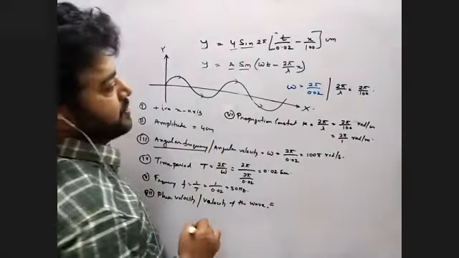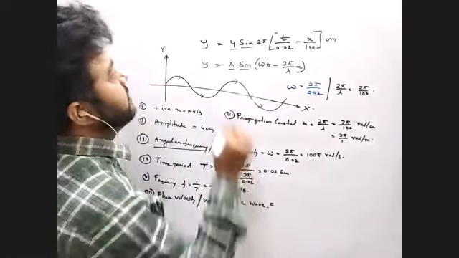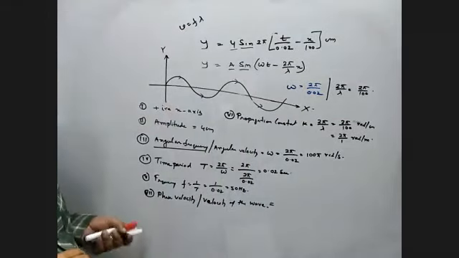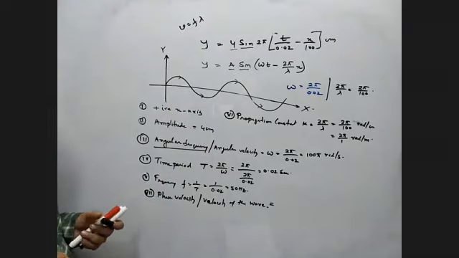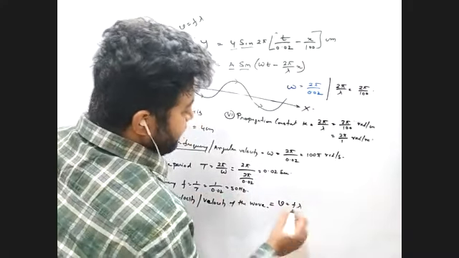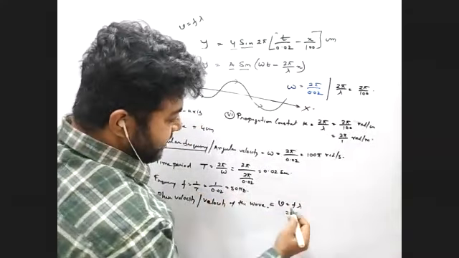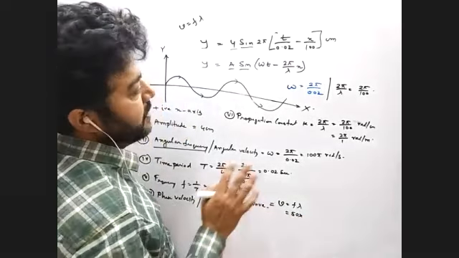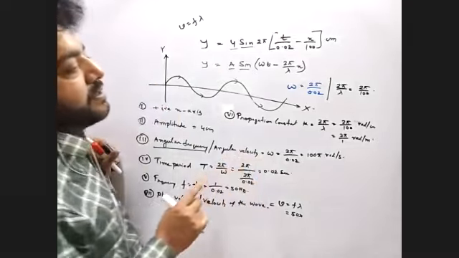And how do you find that out? V equals f lambda. You remember? So velocity is frequency times wavelength. Frequency you have 50 hertz, and wavelength you need. How do you compare?